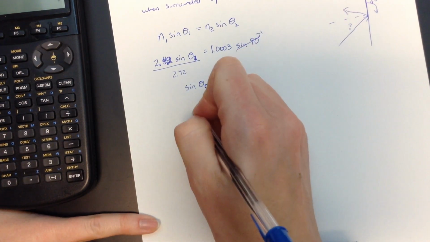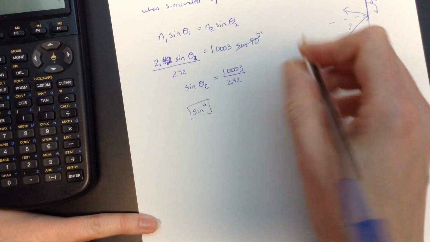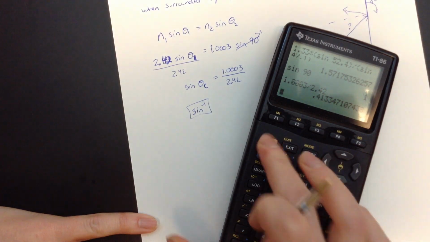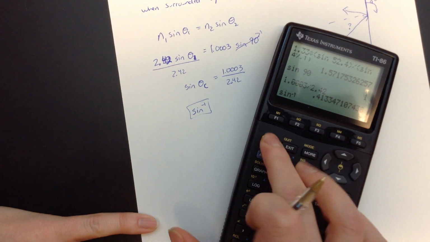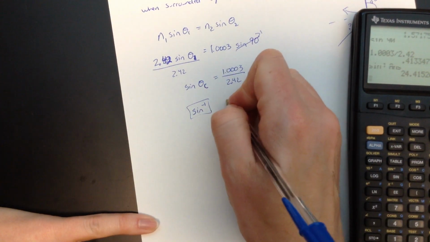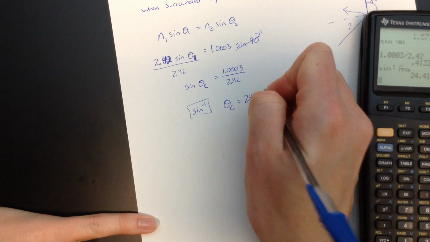And then I got to undo the sine, so it'll be sine inverse. Remember, that's what we're doing to get that undone. So 1.0003 divided by 2.42, and then I got to do the arc sine of that number, and I get 24.41. So that critical angle is 24.41 degrees.